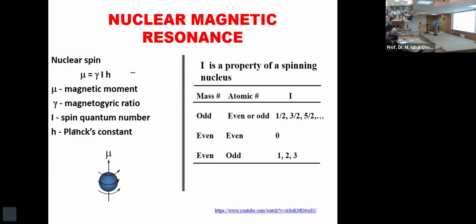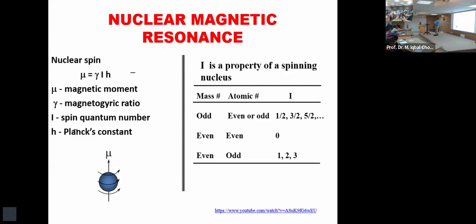It's an even number. You are all right, although I haven't really heard you, but I assume that you're all right. So odd mass, or even mass with odd atomic number, they are still NMR active.